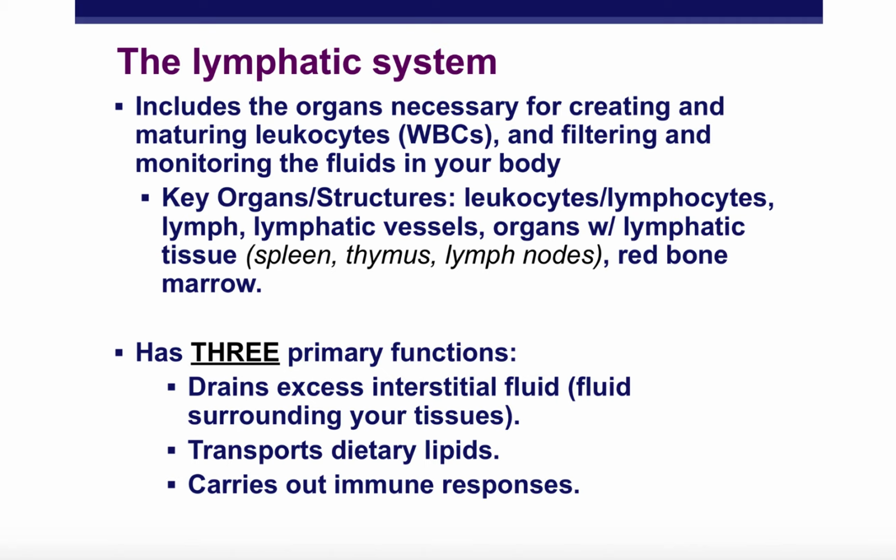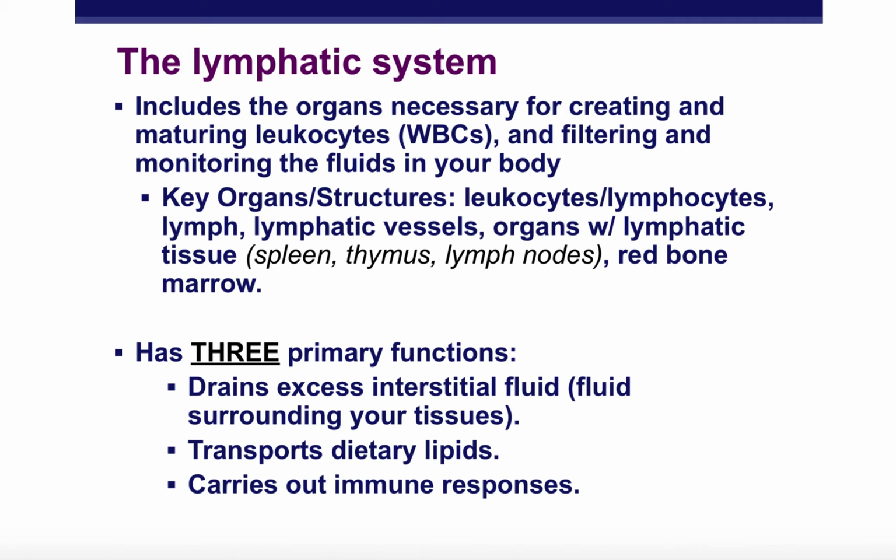Okay, so these notes are about the lymphatic system, specifically the organs that actually are necessary for creating and maturing the leukocytes, which are the other term for white blood cells, and filtering and monitoring the fluids in your body. So some major organs and structures that are part of the lymphatic system are the white blood cells, those leukocytes, and lymphocytes.